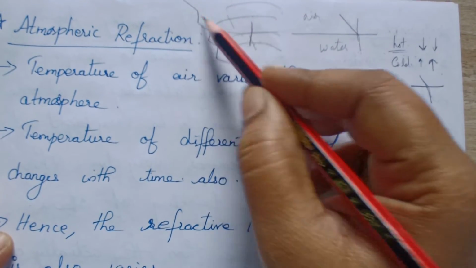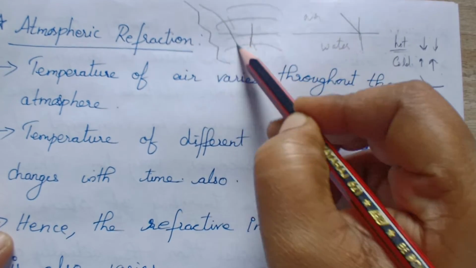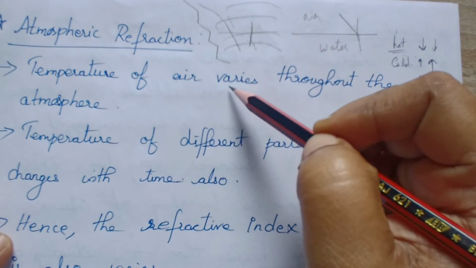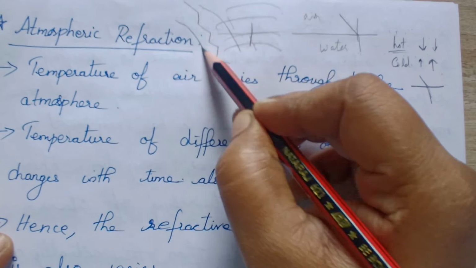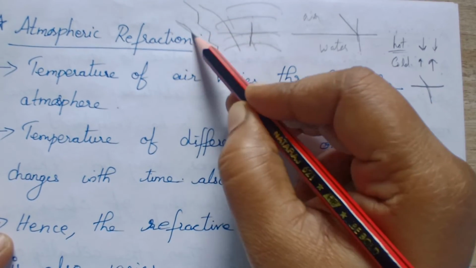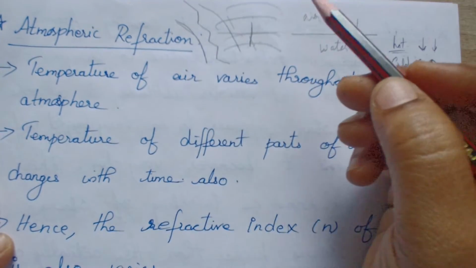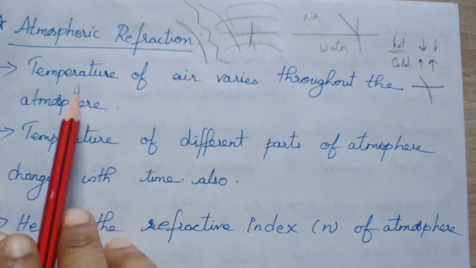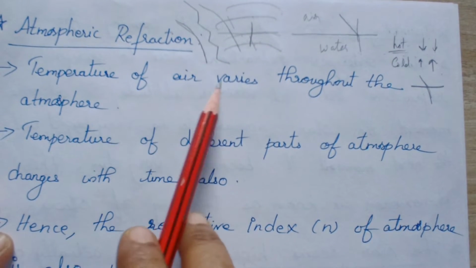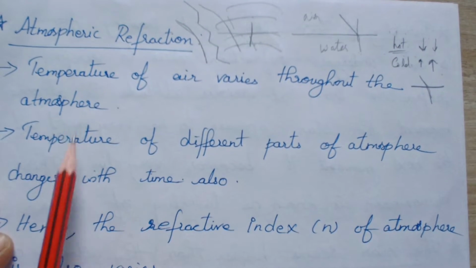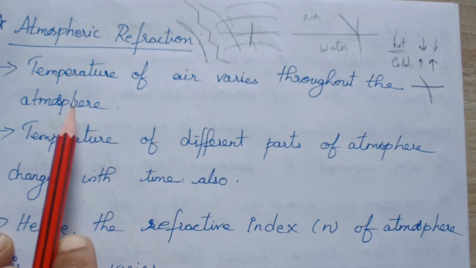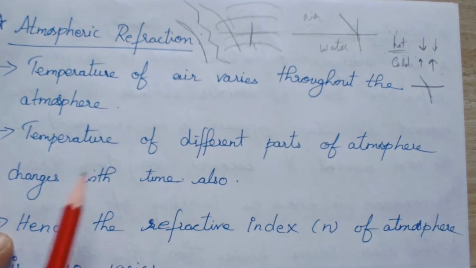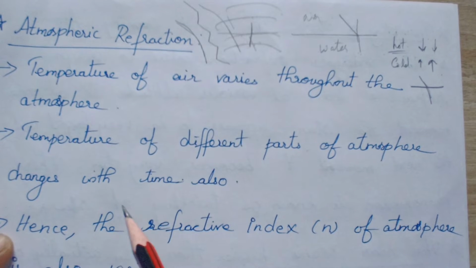So totally we get a curved path of the light when it travels through the atmosphere. The average of this we get as curved light, not a straight line. The temperature of the air varies throughout the atmosphere. Not only that, the temperature of different parts of the atmosphere changes with time also.